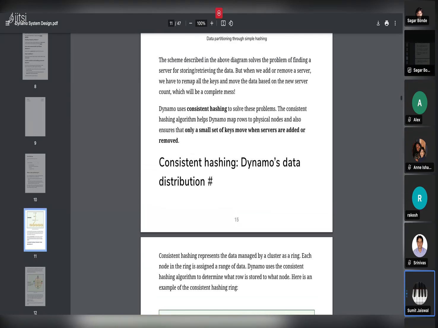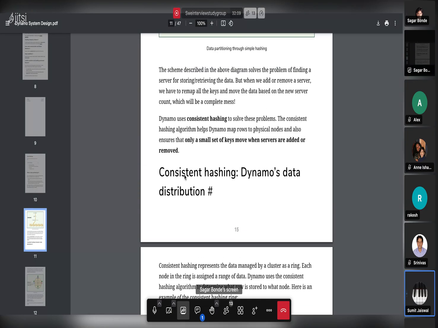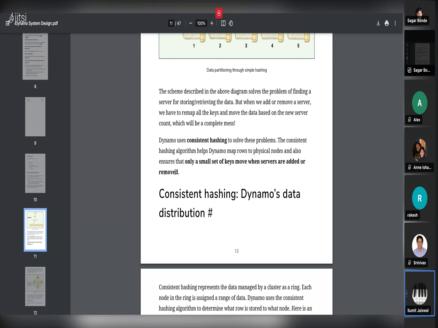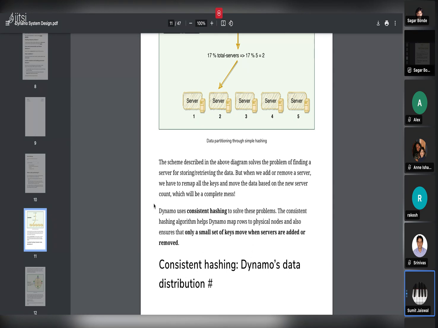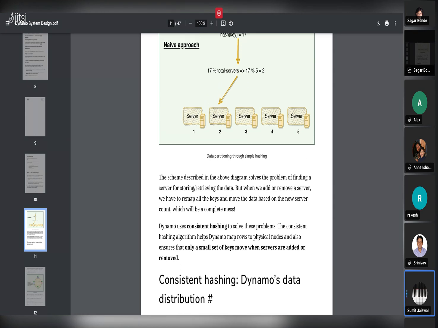So yeah, Sagar, could you explain this one? When it says the consistent hashing algorithm helps Dynamo map rows to physical nodes, does that mean a single node in that cluster might not have the complete data, like partitioned data?